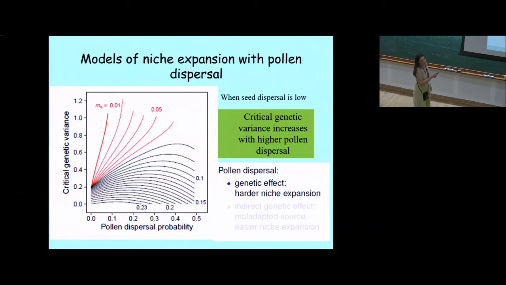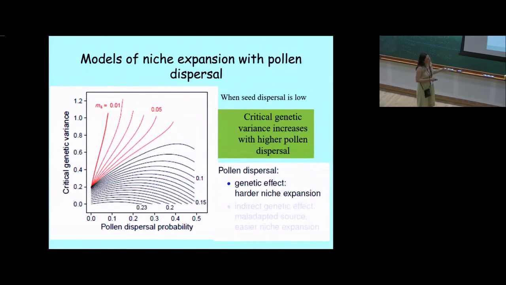If there's very little seed dispersal, so very few individuals in the new habitat, then what you see here is that as pollen dispersal probability increases, you've got a huge increase in the critical level of genetic variance. So you need more and more genetic diversity to be able to adapt and expand your niche if you have more pollen dispersal. So pollen dispersal is really making it much more difficult to adapt to a new habitat because it's just preventing adaptation by always reintroducing the maladapted genes from the ancestral habitat.